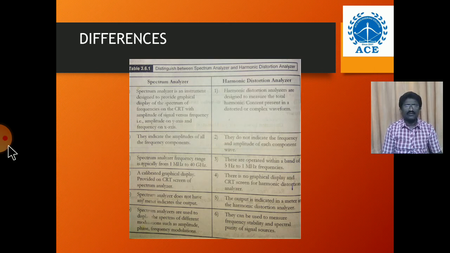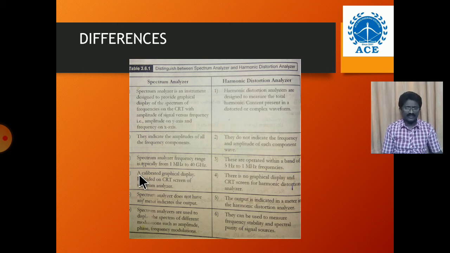So now I am going to explain the differences between the wave analyzer, spectrum analyzer and harmonic distortion analyzer.